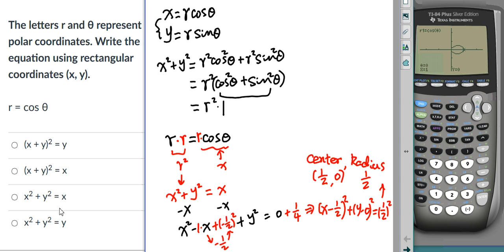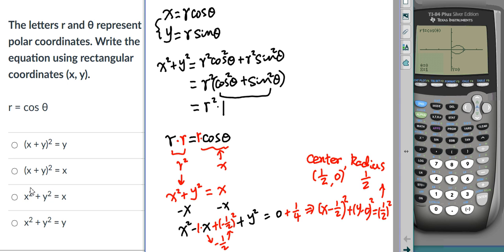For the circle, the rectangular equation looks more complicated than the polar coordinates equation. The polar one is very easy, you see, r equals cosine theta.